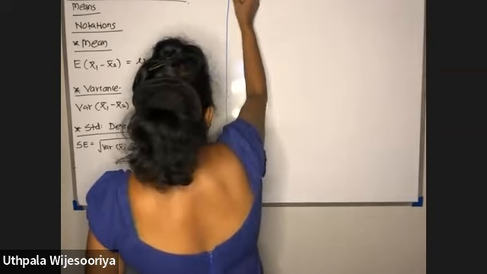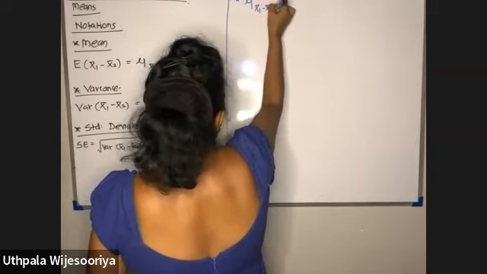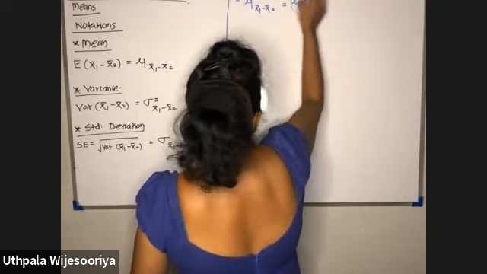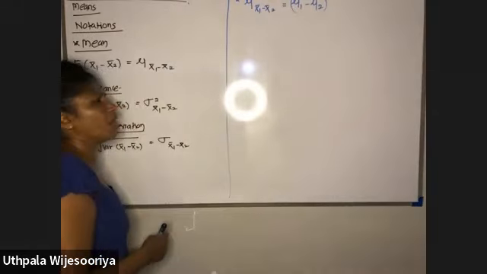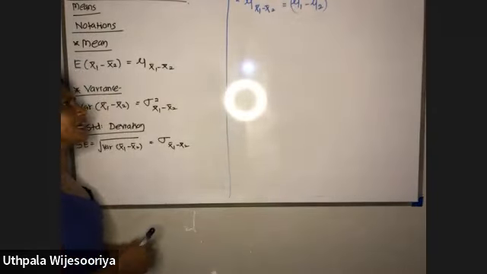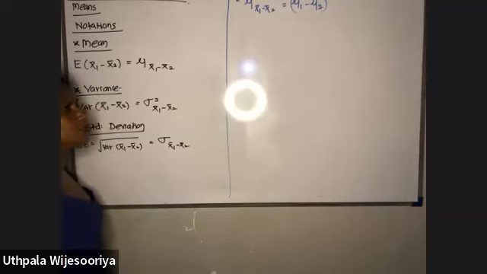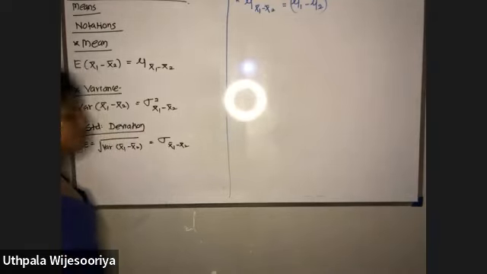Mu X bar 1 minus X bar 2, the mean, is mu 1 minus mu 2. The difference between two sample means has a mean equal to mu 1 minus mu 2, the difference of the population mean of population 1 and population 2.